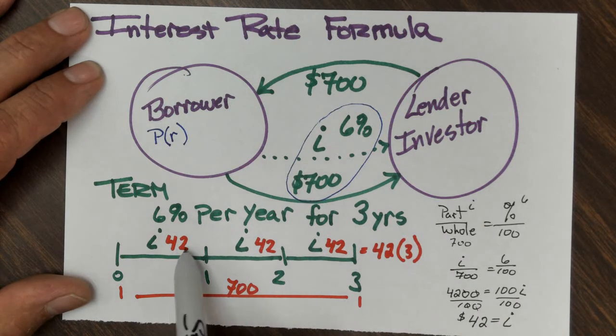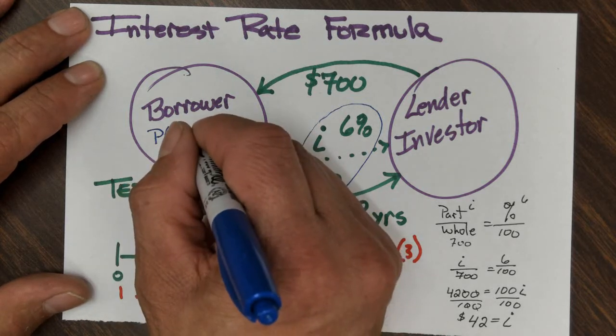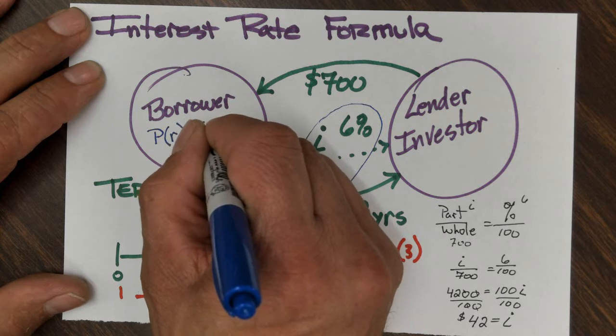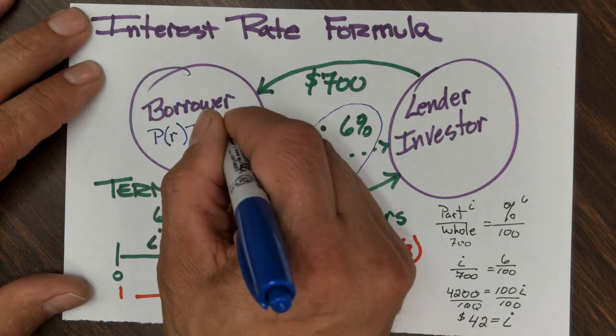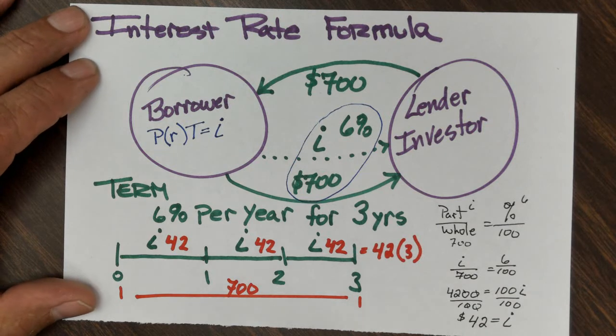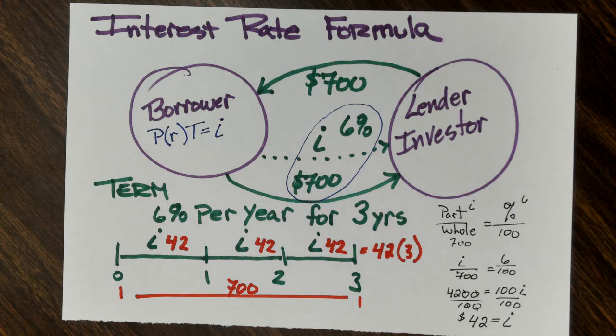But then the $42 is paid every year, and it's for 3 years. And this is called the term. It's for 3 years. So then I add my term. And all this together will give me the interest that I owe. We can check by using a little math.